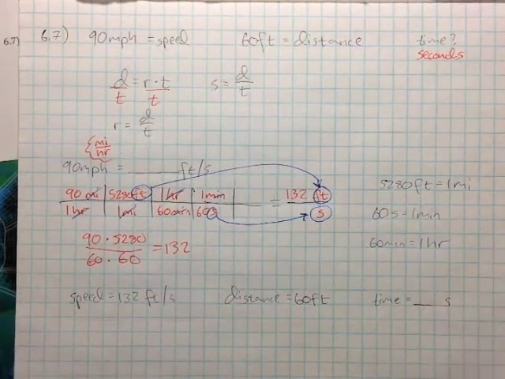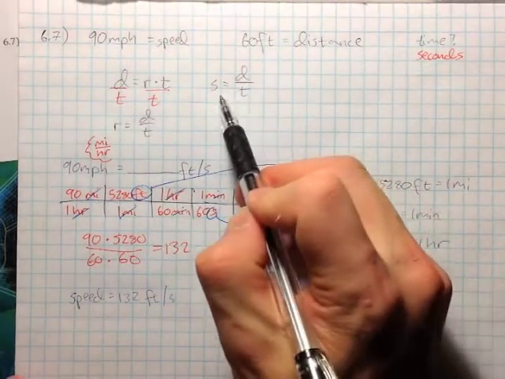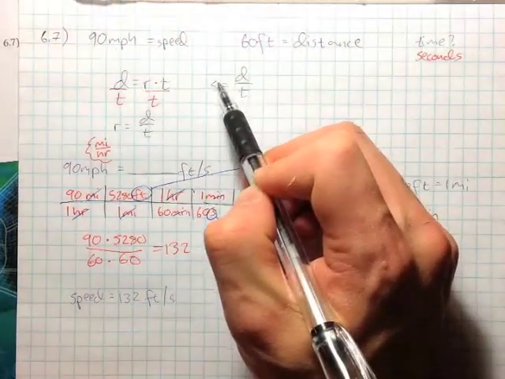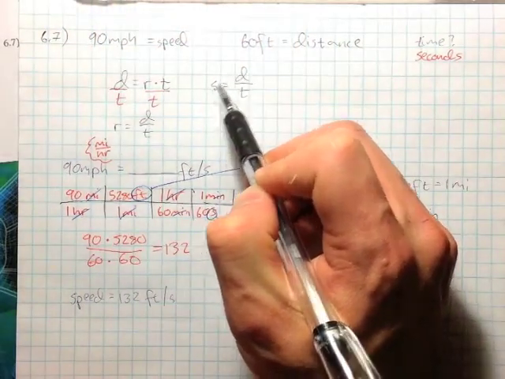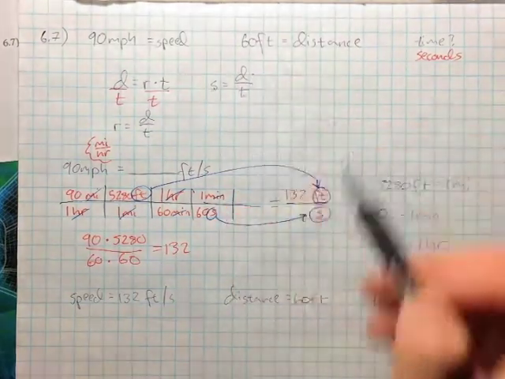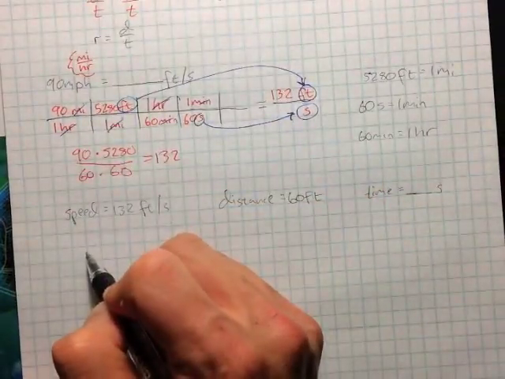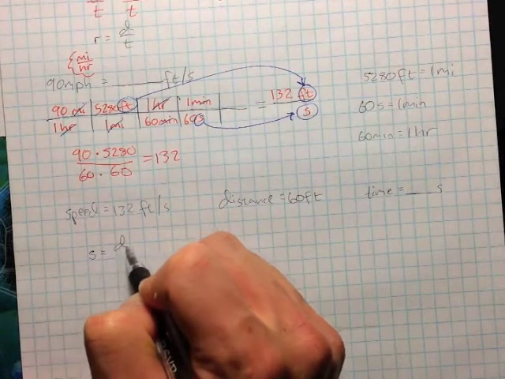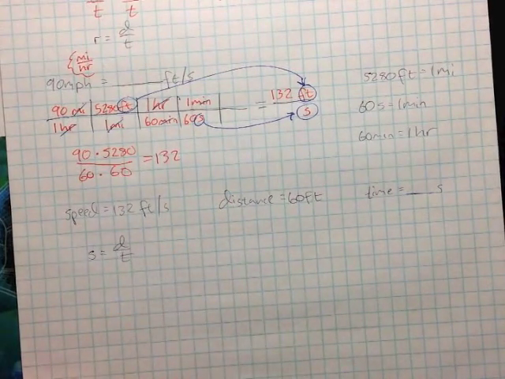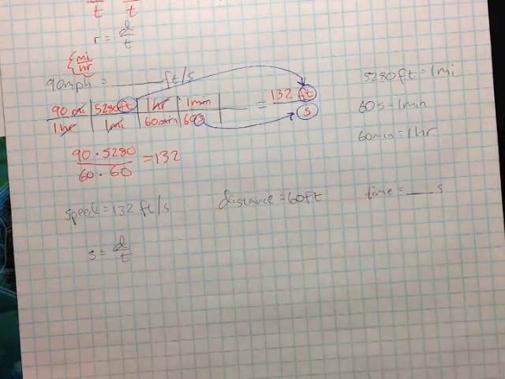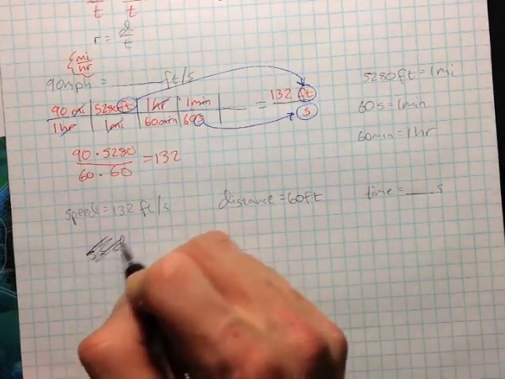Alright, now it's just time to use that formula. We know what the speed is, we know what the distance is, we need to know what the time is. Okay, so let me take this formula. Speed is equal to distance over time. Actually, let me use the one that you're probably familiar with.